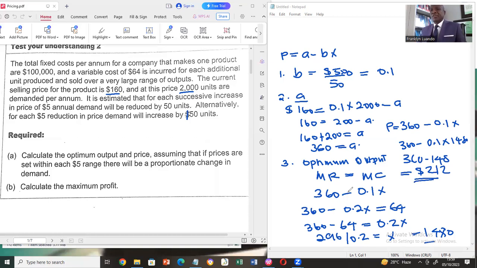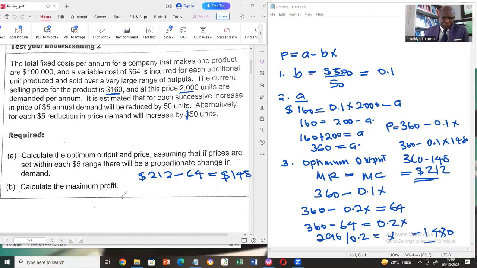So now the maximum profit will be total contribution minus the fixed cost. Contribution will be 212 minus 64, because contribution is equal to selling price minus the variable cost. So this will be 148. That's the contribution.